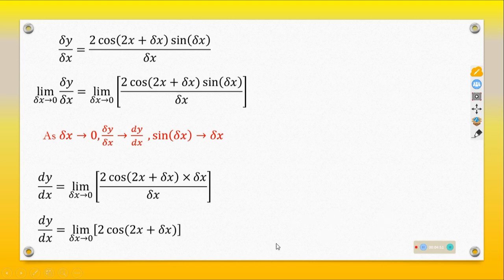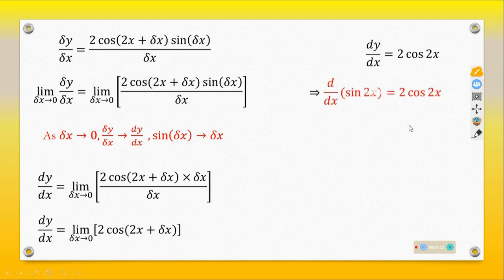So from there, we shall have dy dx equal to 2 cos 2x, because delta x is becoming smaller, and as delta x tends to 0, where there is delta x we put 0. That will be our expression for dy dx, meaning dy dx is equal to 2 cos 2x.